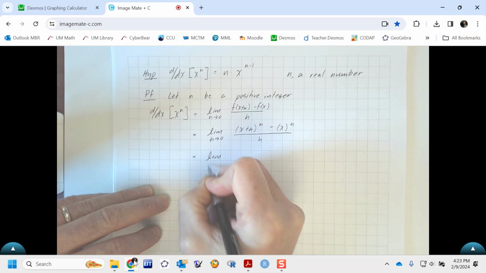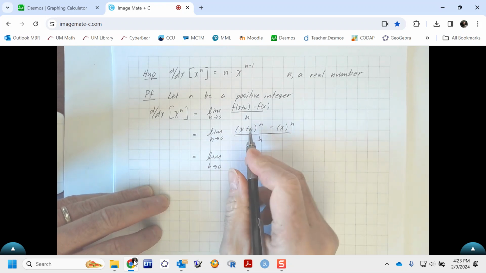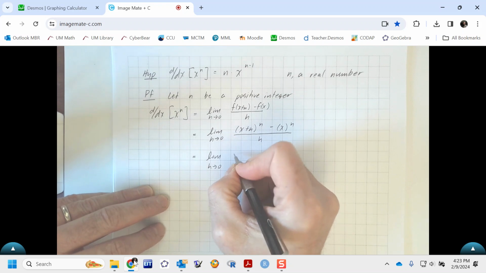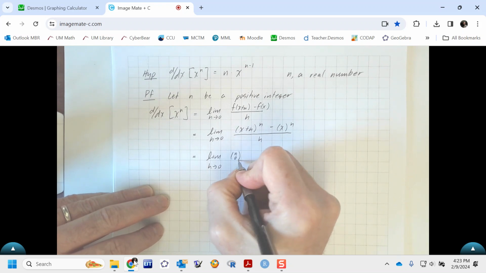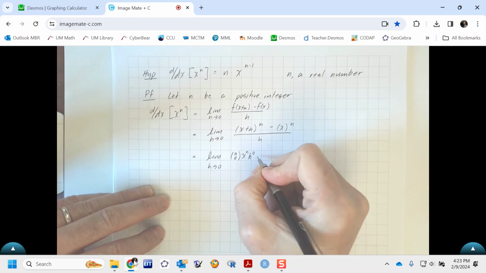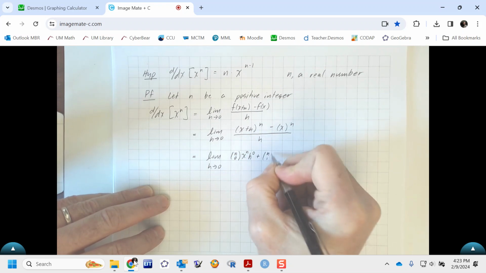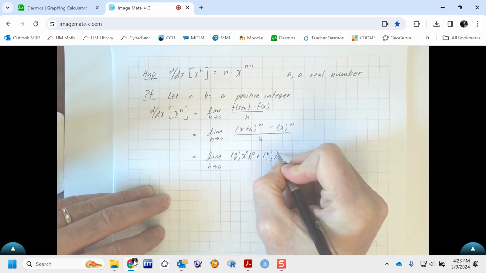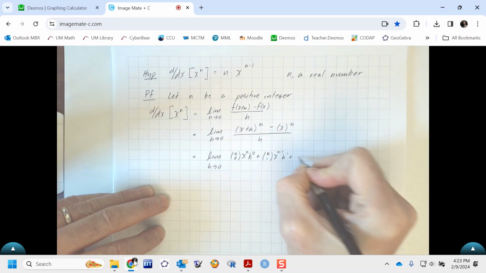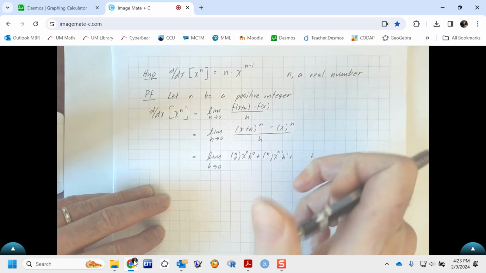So it'd be the limit as h goes to 0. When I expand this, it's going to be n choose 0 times x to the n h to the 0, plus n choose 1 times x to the n minus 1 h to the 1, plus all the way down till I get to the end of this.